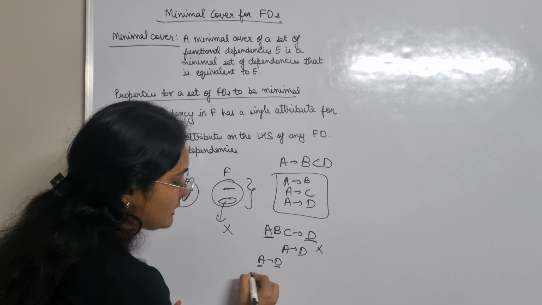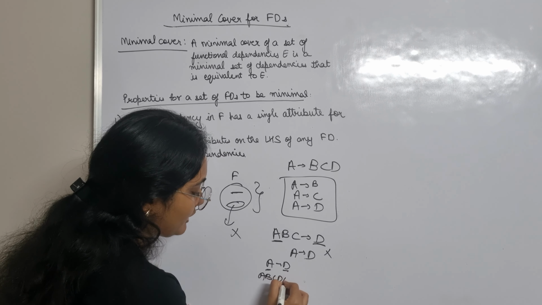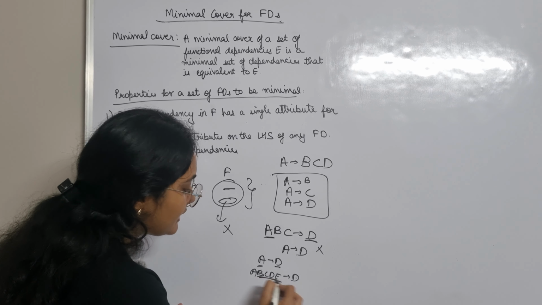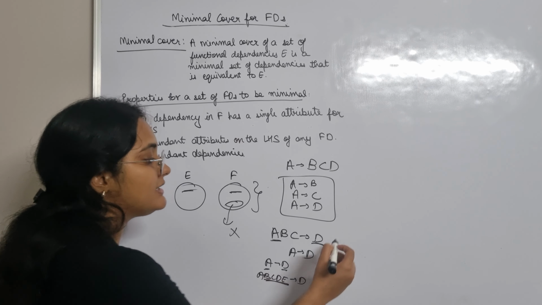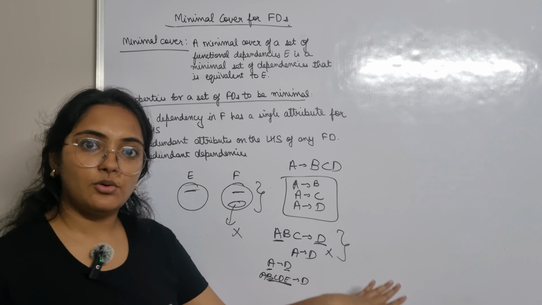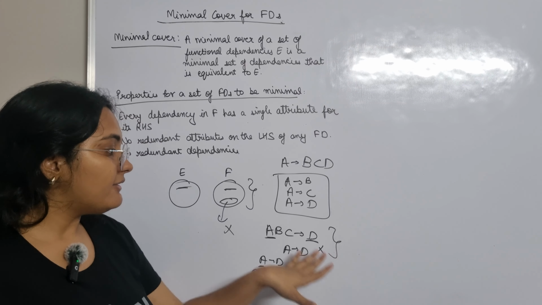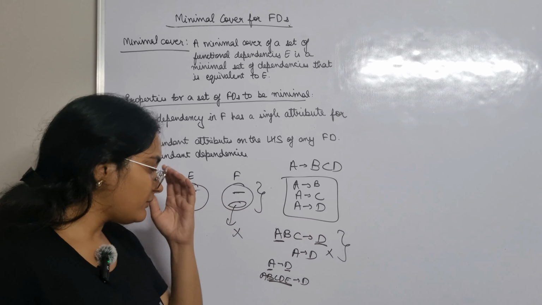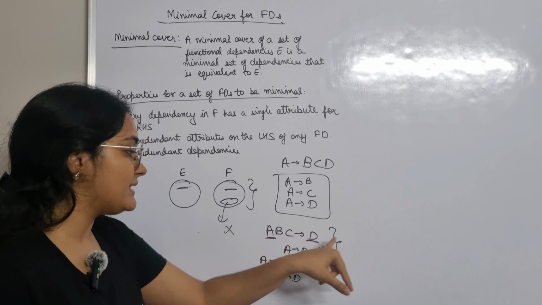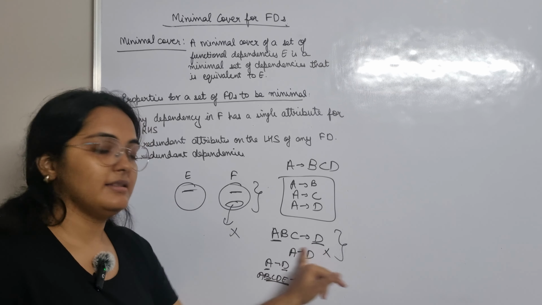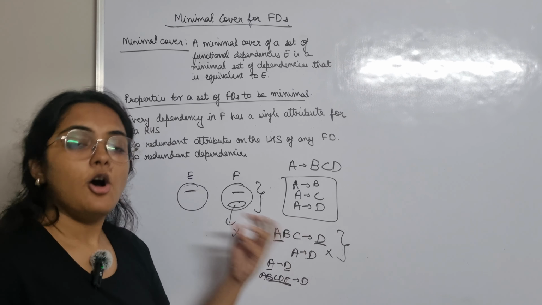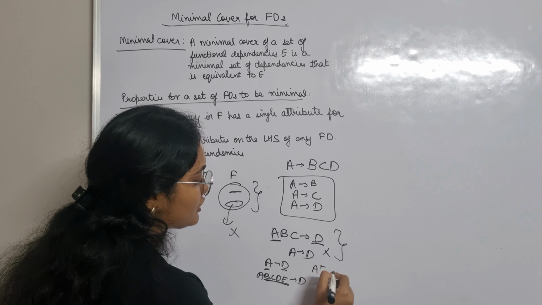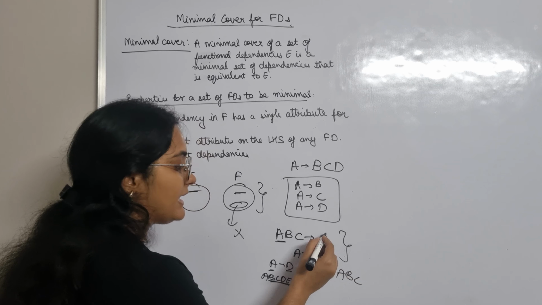If A alone can determine D, then A, B, C, D, E, whatever you say, can definitely determine D. So all these are redundant attributes and should not be there. These two dependencies should not hold together, otherwise this particular dependency is redundant. So what we should do is replace this type of redundancy with the smaller one and remove or minimize this. Or if A's closure gives A, B, C, then again this is redundant.